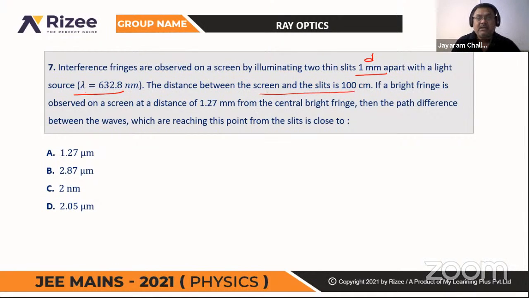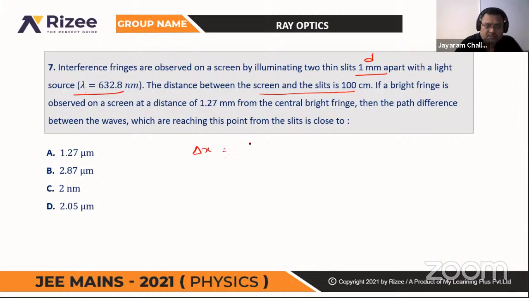This is the one he has given. If the bright fringe is observed on the screen at a distance of 1.27 mm from the central bright fringe, then he is asking the path difference between the rays on reaching this particular point. Okay, fine.